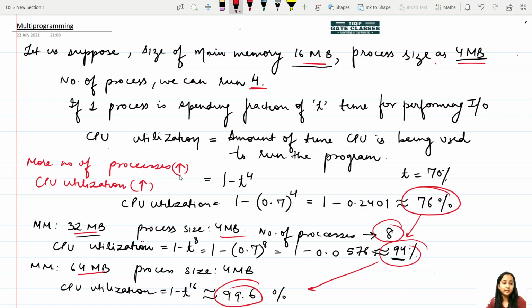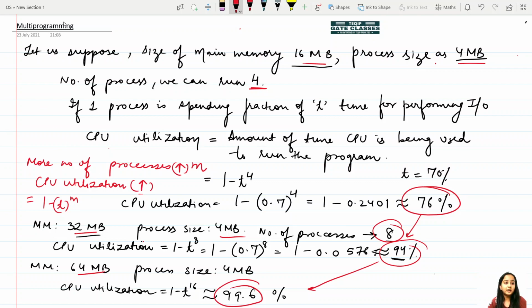If the number of processes is increasing, my CPU utilization will also increase. So what I can see here is that my CPU utilization will be equal to 1 minus t raised to power m. If I increase the value of m, then CPU utilization will increase.